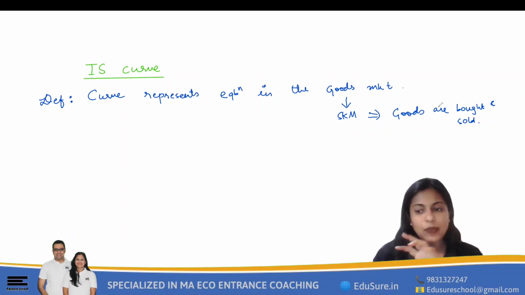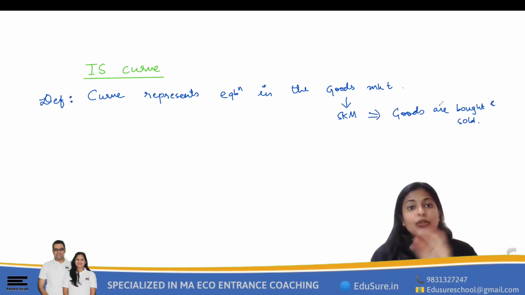And the goods market is basically the market in which goods are bought and sold, as in the SKM model. It is purely the GDP part, the part where production happens and goods are bought and sold.